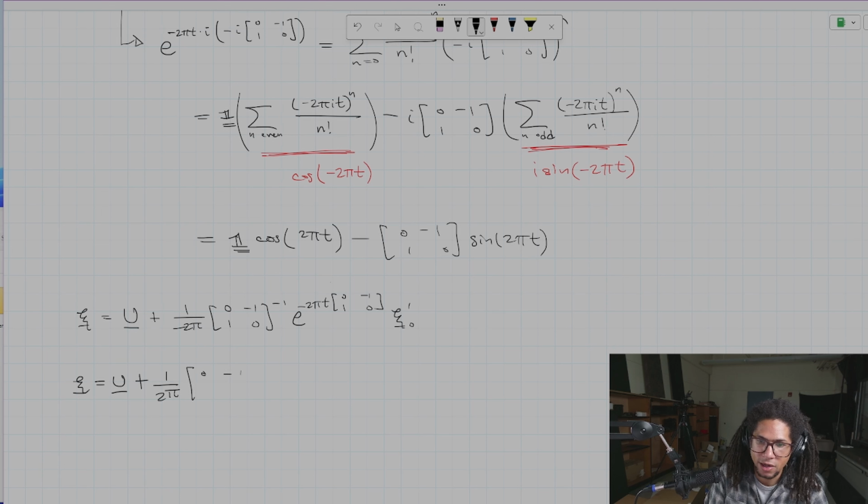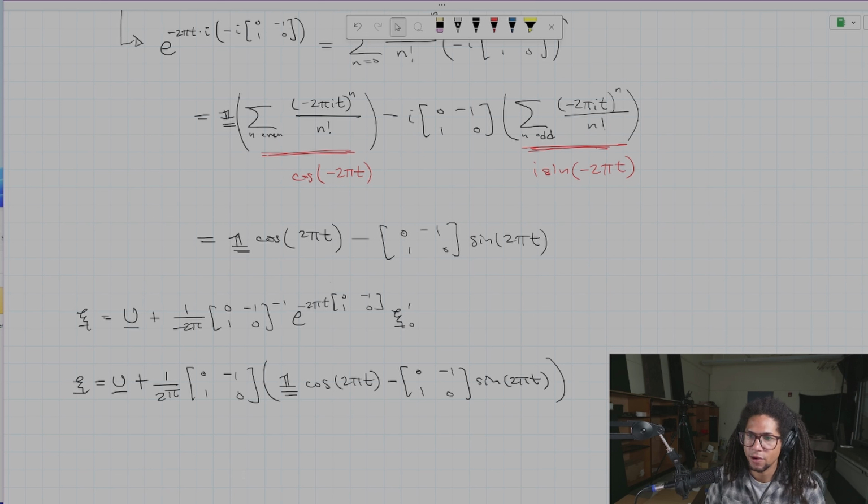So I get 0 minus 1, 1, 0, and I have to flip that sign. Oops. Times the identity matrix times cosine of 2 pi t minus this same matrix, 0 minus 1, 1, 0, sine of 2 pi t. Great. Times c naught prime.